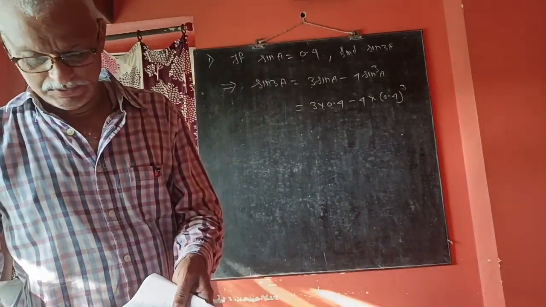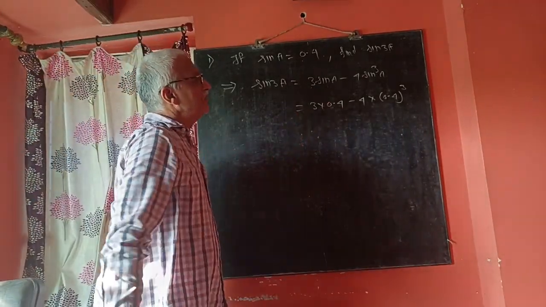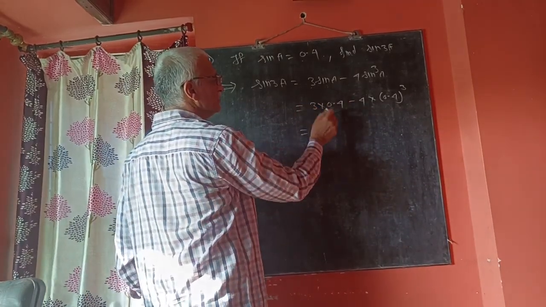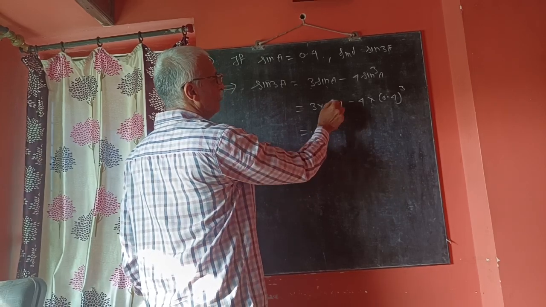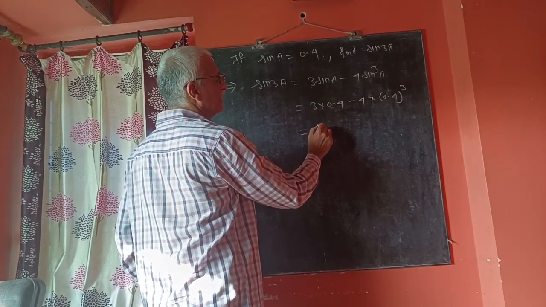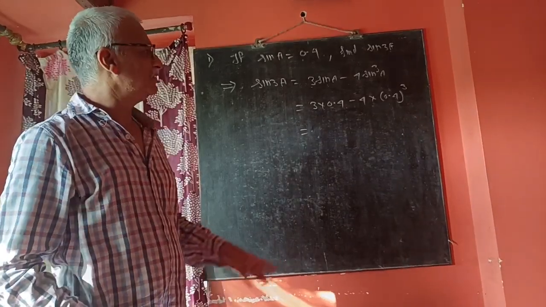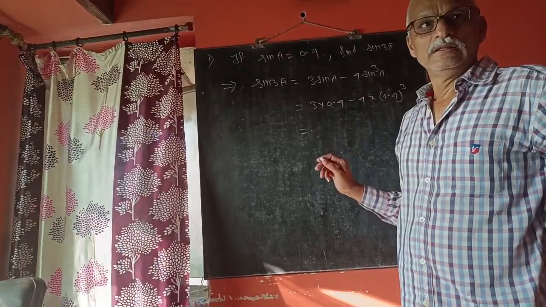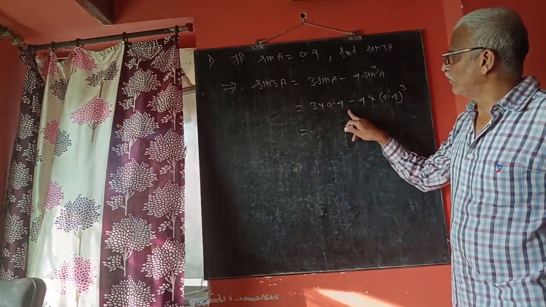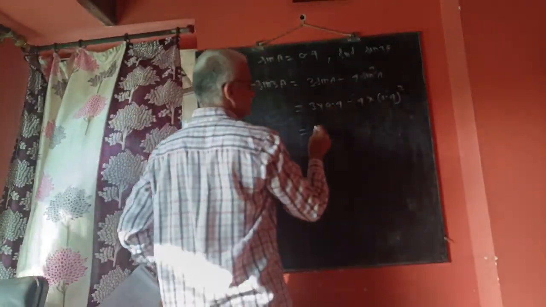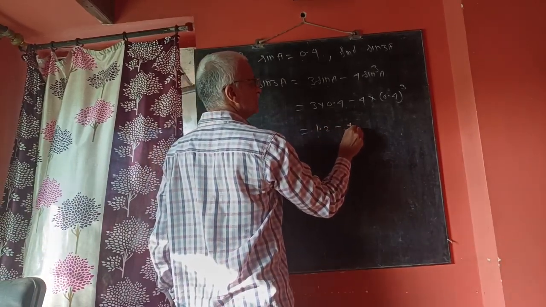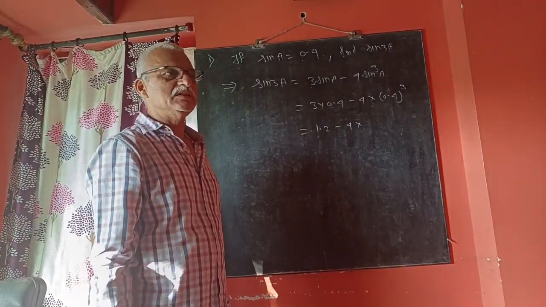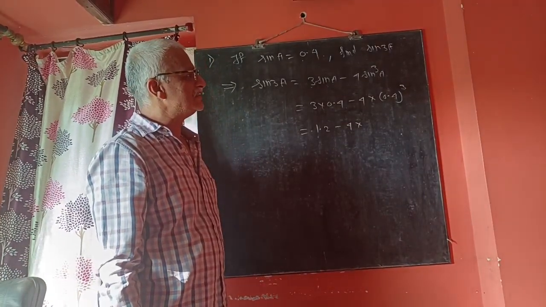Now you have to calculate 0.4 the cube. 3 into 0.4 will be 1.2, minus 4 into 0.4 the cube. 4 square is 16, 4 cube is 64.